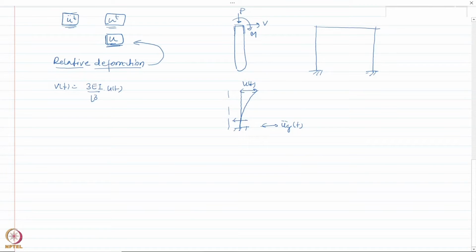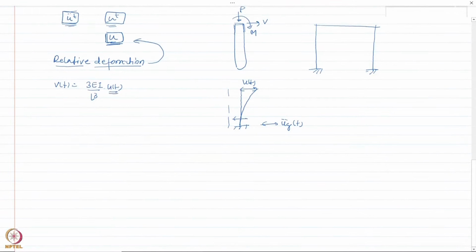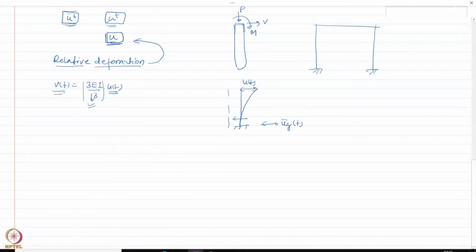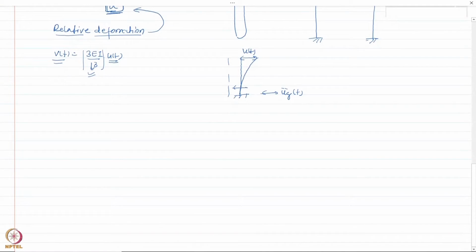So if you know the displacement, knowing the structural, geometric and material properties of the structural member, you can relate it to the forces in the member, and then you can design the member to sustain those forces. So that is what we are going to learn in this chapter.